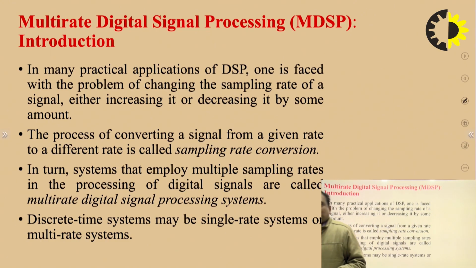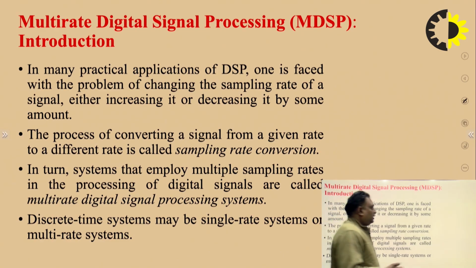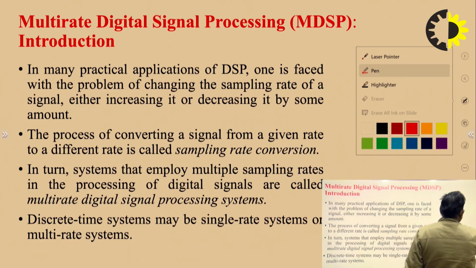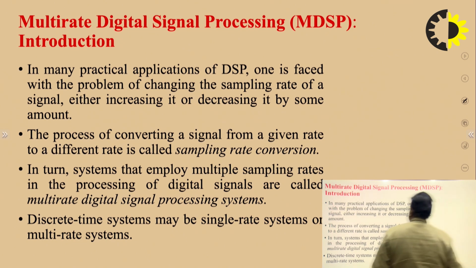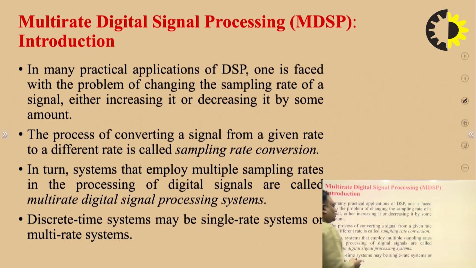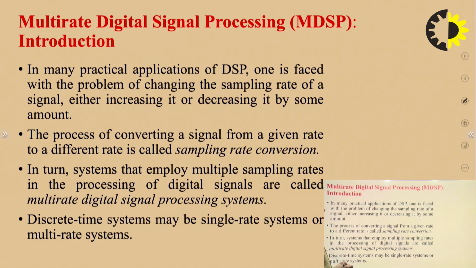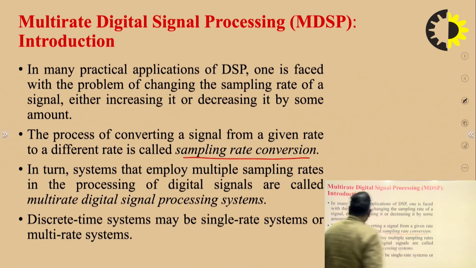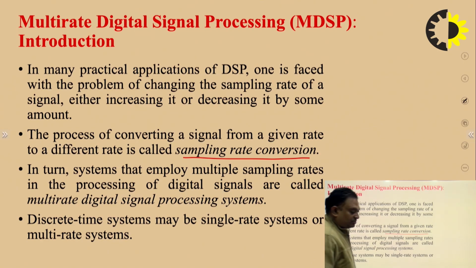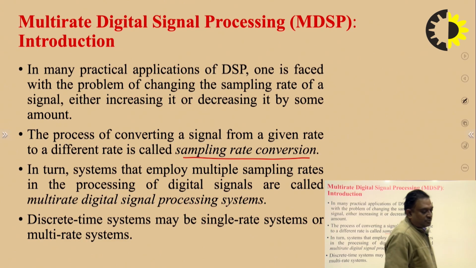So simply, sampling rate conversion is the process in which we change the sampling rate of a given signal. Systems that employ multiple sampling rates in the processing of digital signals are called multi-rate digital signal processing systems. There are two types of systems: one is single rate systems, another one is multi-rate systems.